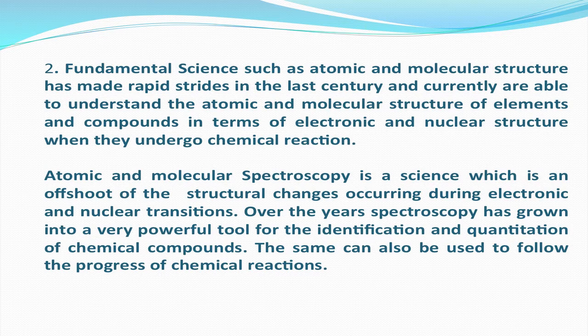Basically, atomic and molecular spectroscopy itself is a science which is an offshoot of these structural changes occurring during electronic and nuclear transitions. Over the years, spectroscopy has grown into a very powerful tool for the identification and also quantitation of chemical compounds. The same can also be used to follow the progress of chemical reactions.